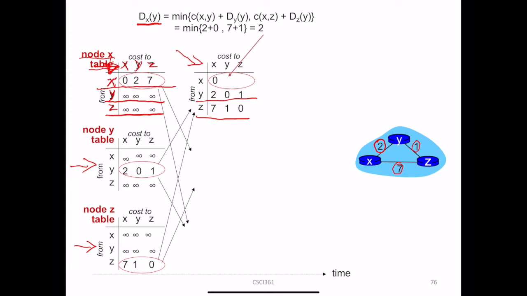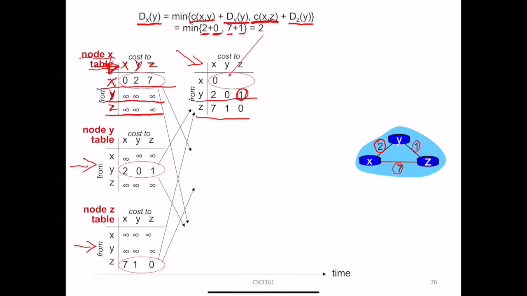It will check all the possible paths. First, the cost from X to Y, which is a direct path, is equal to 2, and from Y to Y is equal to 0. Another path is from X to Z, which is equal to 7, and from Z to Y, we get it from here, is equal to 1.